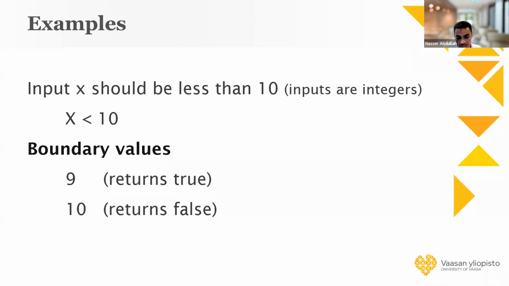If we say less than, we have two values: we test 9 as the lesser value, and we also test 10 itself.